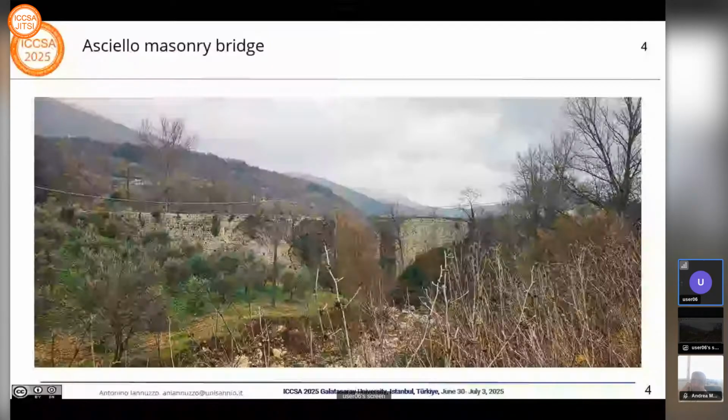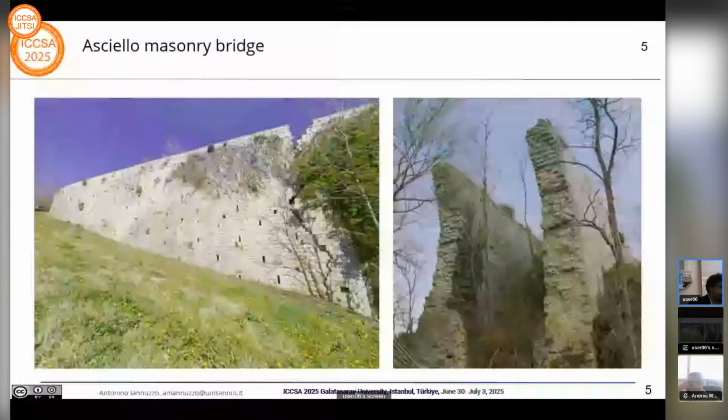This bridge collapsed, and the master students interviewed local people in order to gather information. We also did statistics about the information we received.